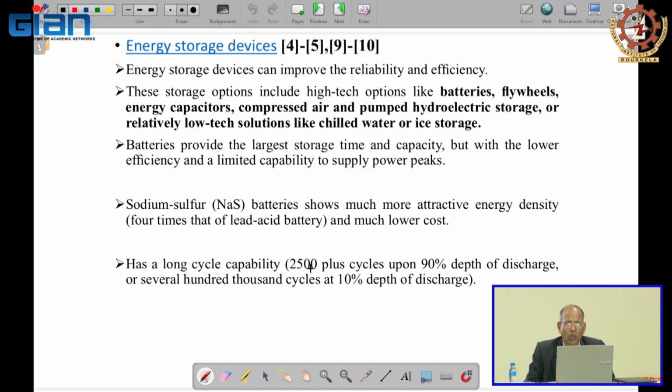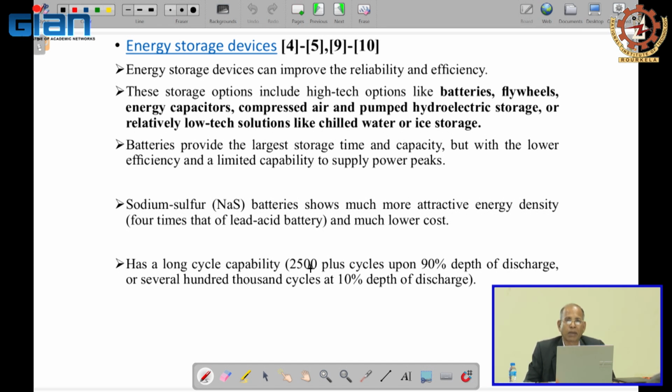The battery can provide significant storage time. A battery can be used for say a few hours, several hours. Depending upon what particular application you need, you can have different options with the batteries, like lead acid batteries, sodium sulfur batteries. So in batteries you'll find like 5-7 different options.